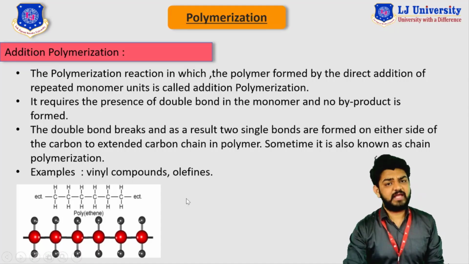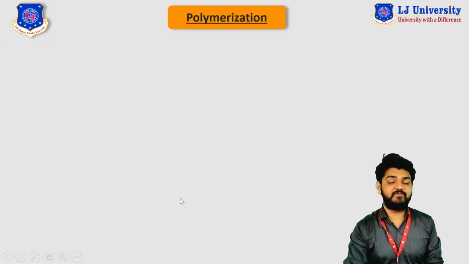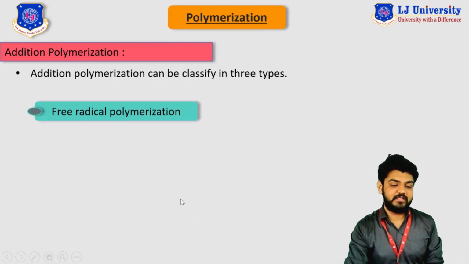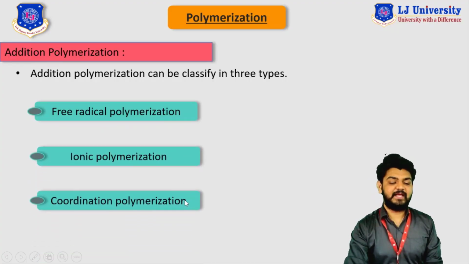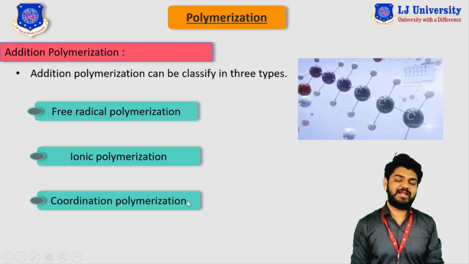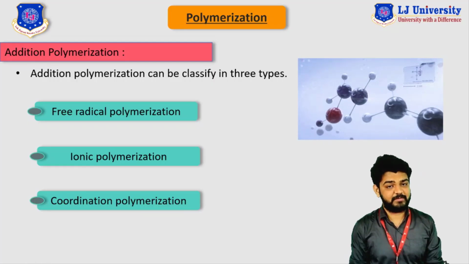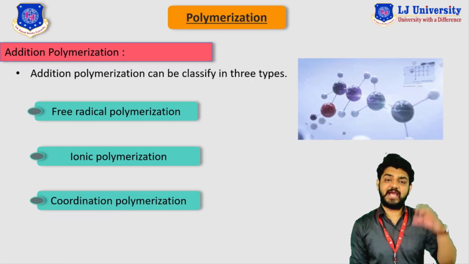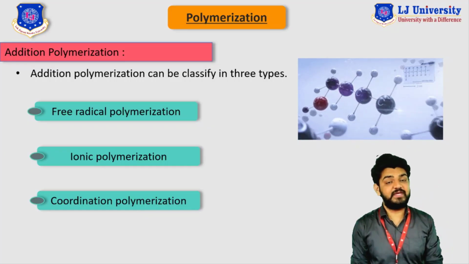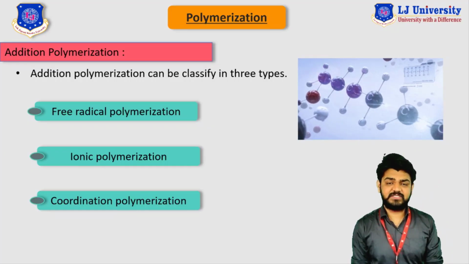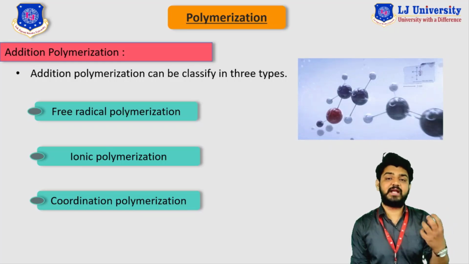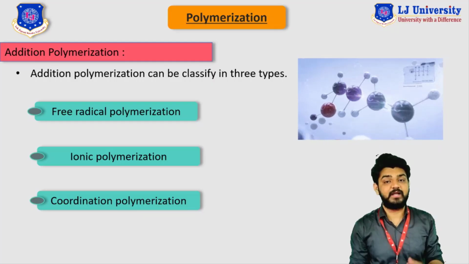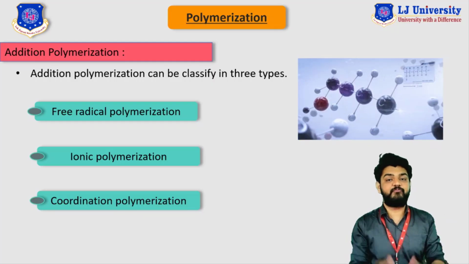Now this addition polymerization process involves three different types. The first one is known as free radical polymerization. Then we have ionic polymerization and lastly coordination polymerization. Here in this animation you can see free radical polymerization, in which free radicals continuously form and continuously link with other monomers in order to form a long chain of polymer.